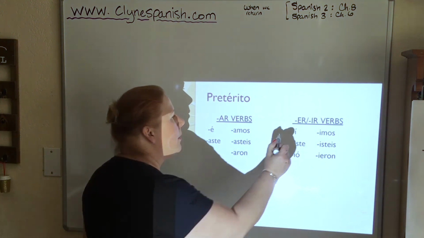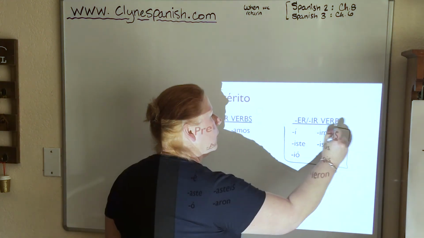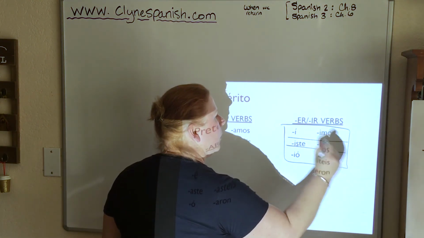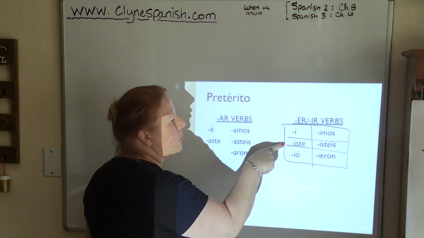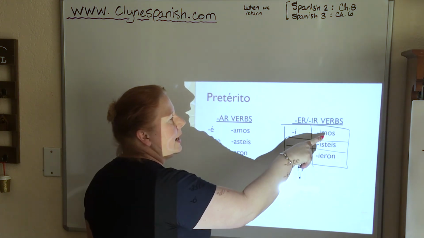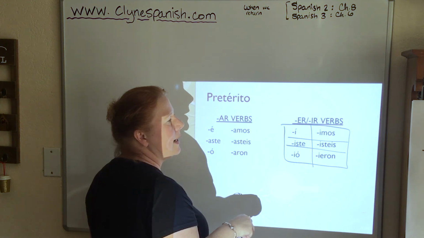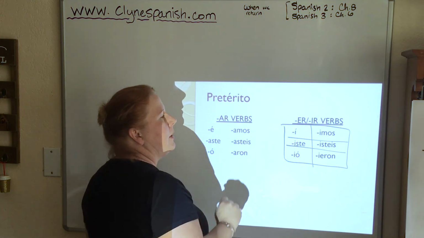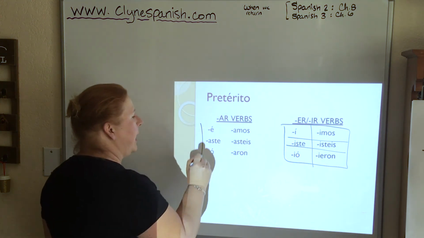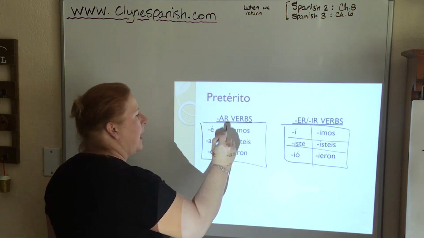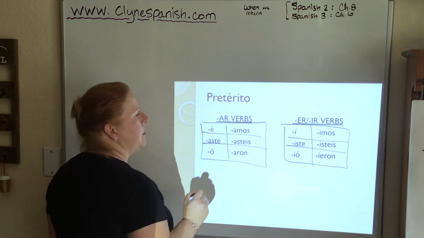Okay, so remember, we have yo, tú, él, ella, usted, nosotros, vosotros, ellos, ellas, ustedes. Remember, the yo form and the él, ella, usted form have the accent marks, so be careful.